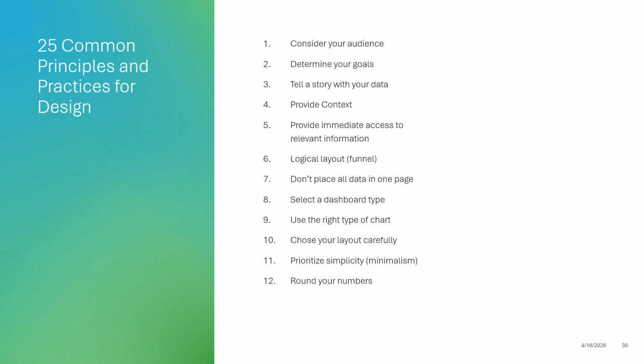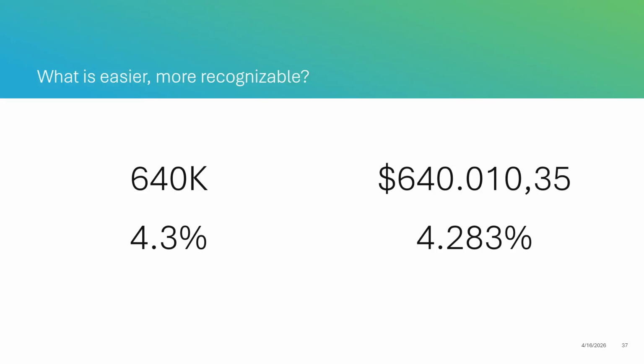The other recommendation is round your numbers. Let's try to have finite numbers. And why? Because look at this. What is easier? What is more recognizable? It's easier to just have 640K, because that 10.35 is not giving us that much information in the magnitude of the number, it's irrelevant.